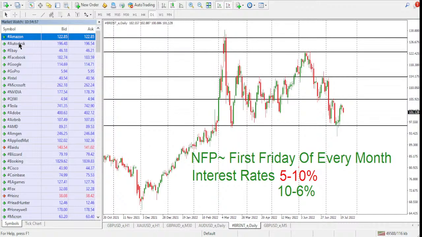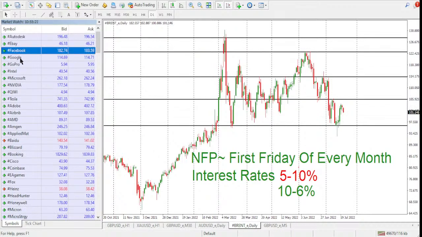If they normally depend on borrowing, then they're likely to borrow at this rate, maybe at 6. So 6 means they are able to borrow a lot of money compared to if the interest rate was 10. So they borrow, they are going to expand, they're going to hire more people, and the value of the company is likely going to increase. So that is what causes the shares of some companies to increase.